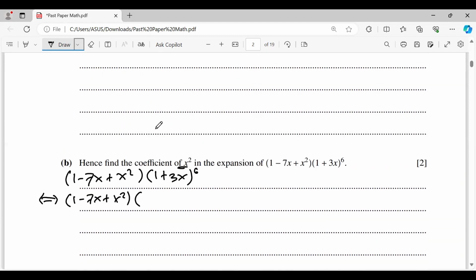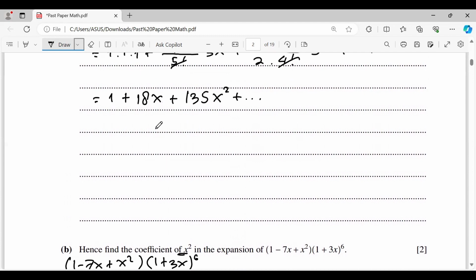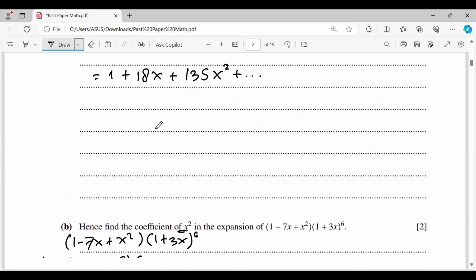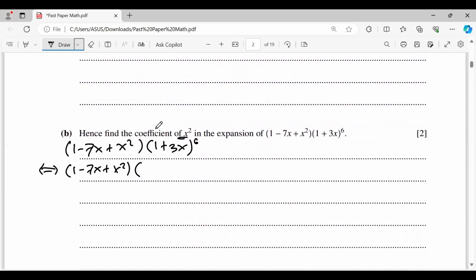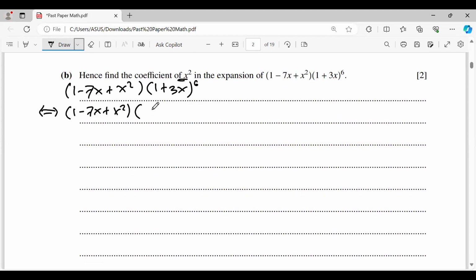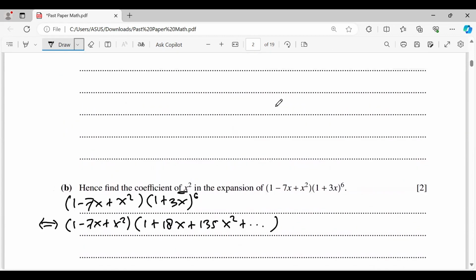I'm going to use this result. Let me check again.